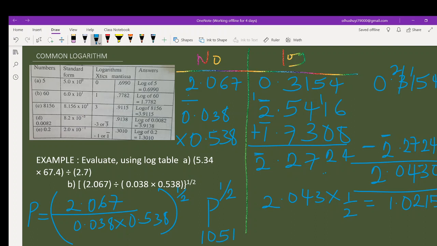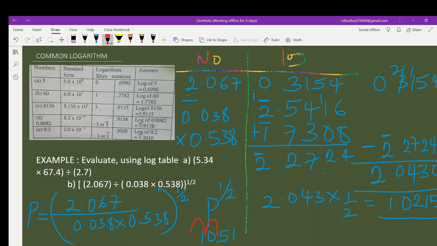Then you consider this one as a whole number. What do you have? 1. Add 1 to 1, that will be 2. So that determines where your decimal will be. Your decimal will be here.